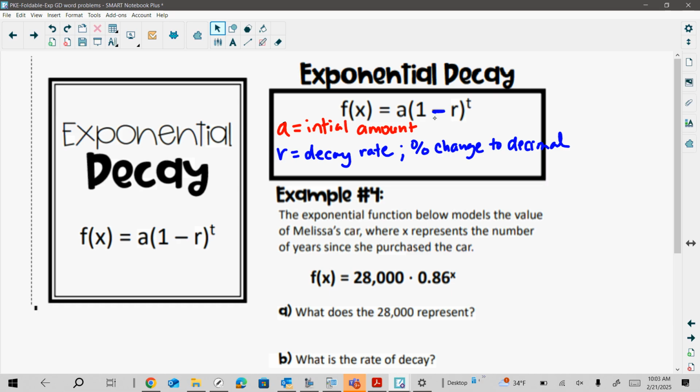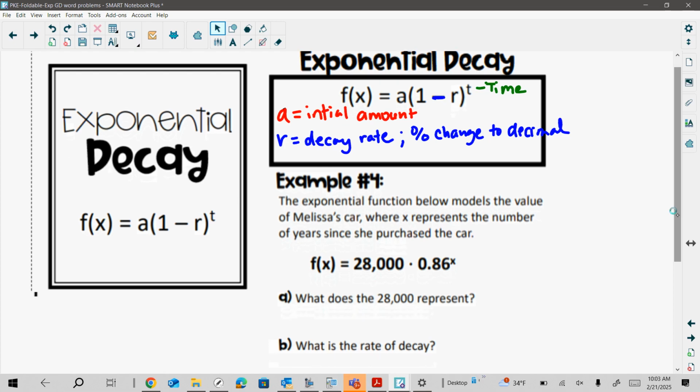And right here, that's the biggest difference. It's the subtraction versus addition. And your T is still time. So get the parts down, they're not changing.